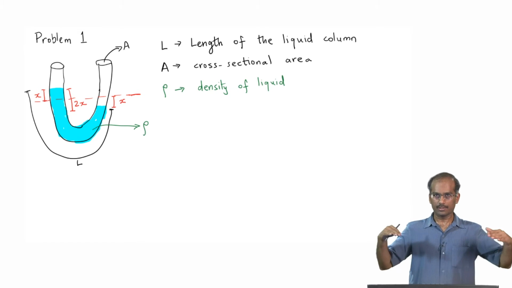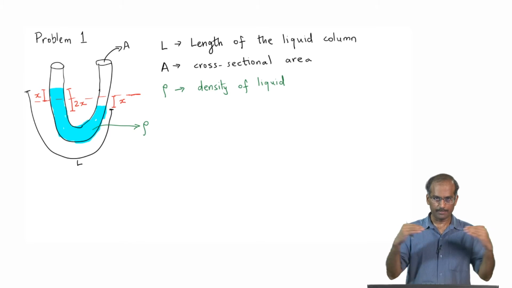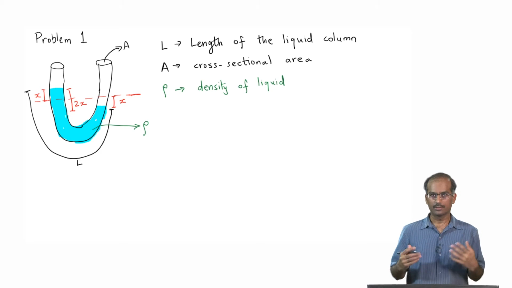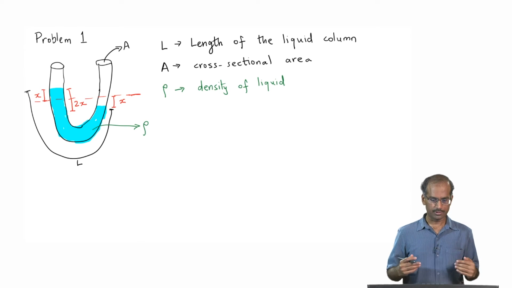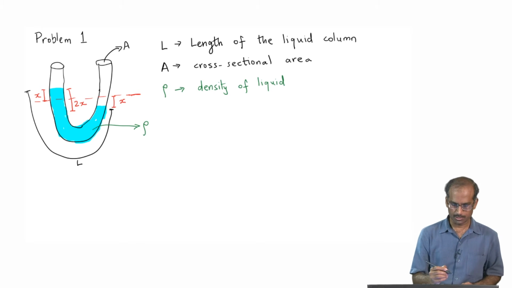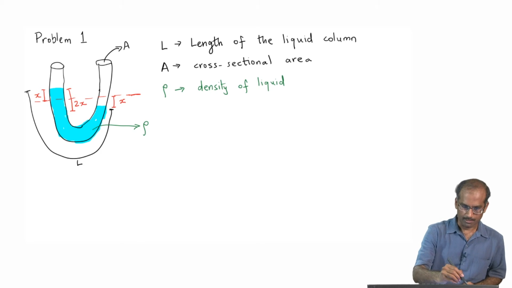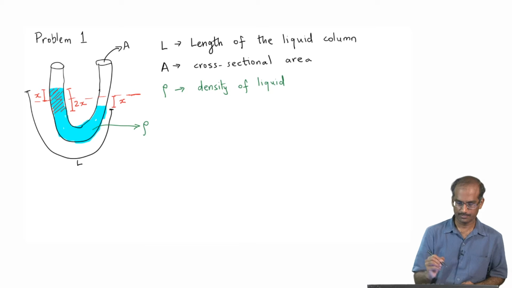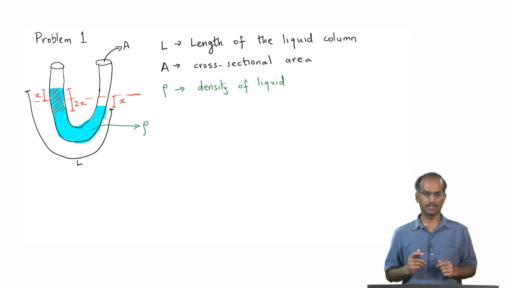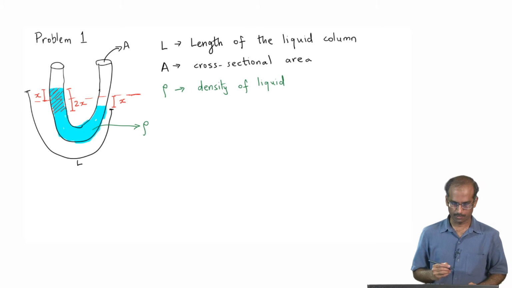So, clearly when the liquid is at the same height in both the arms of this U tube, there is no net restoring force, but when I depress it in one of the arms, the net restoring force comes from the liquid which is excess in one of the arms, basically this.